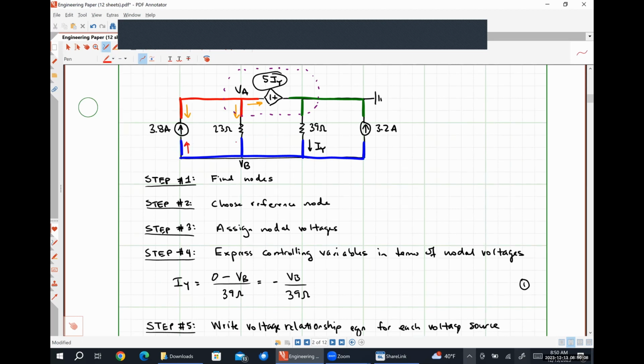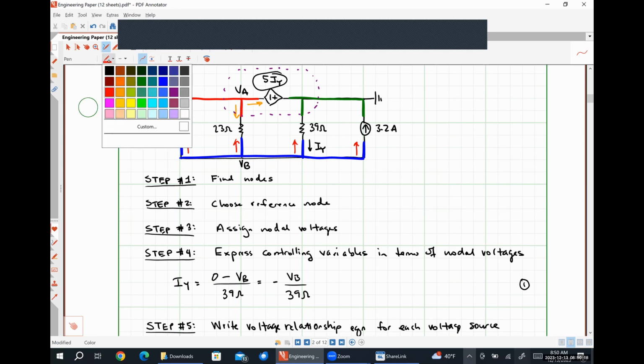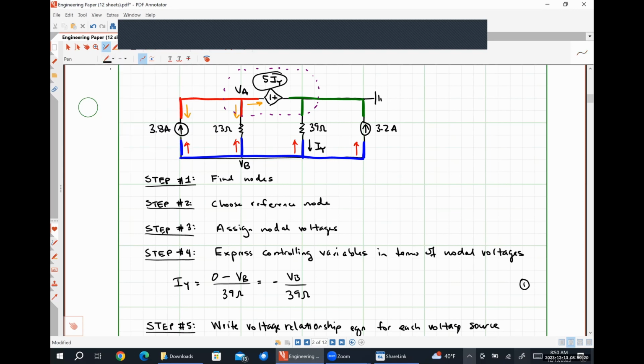So this one, this one, this one, and this one. And all of these will be well defined, right? So what's the current flowing up through my 3.8 amp current source? 3.8 amps.